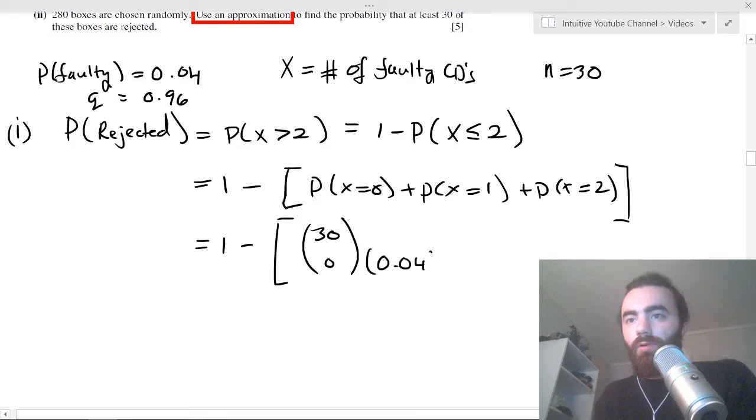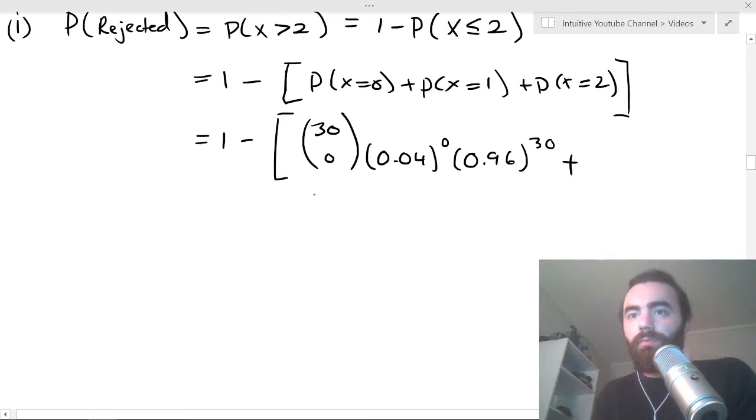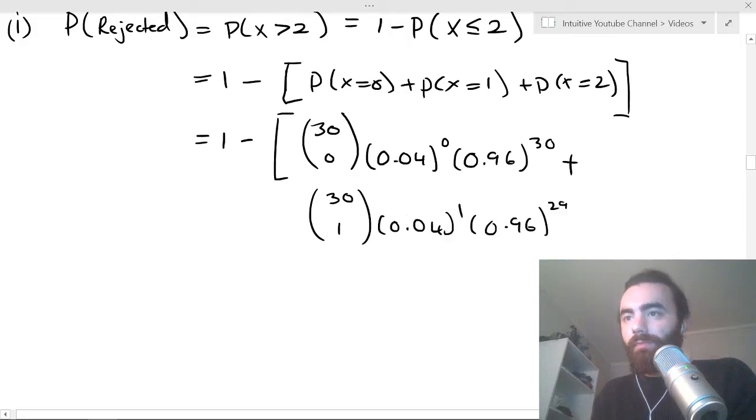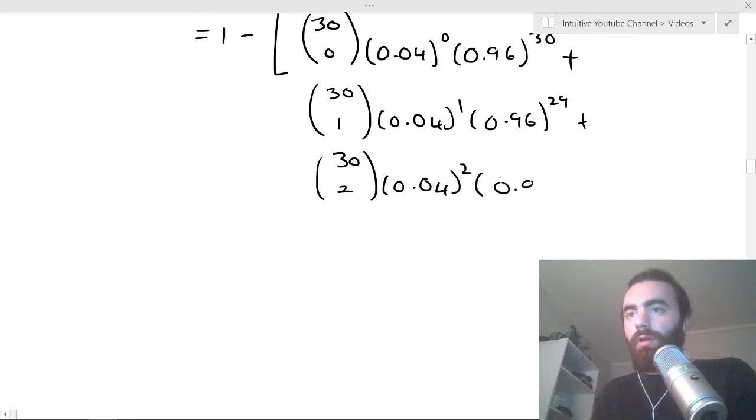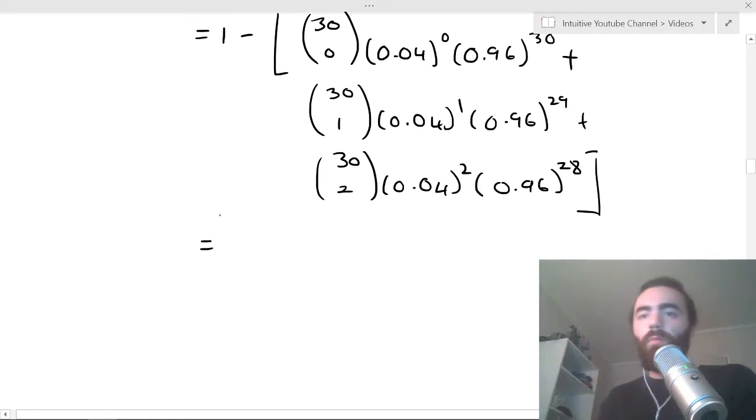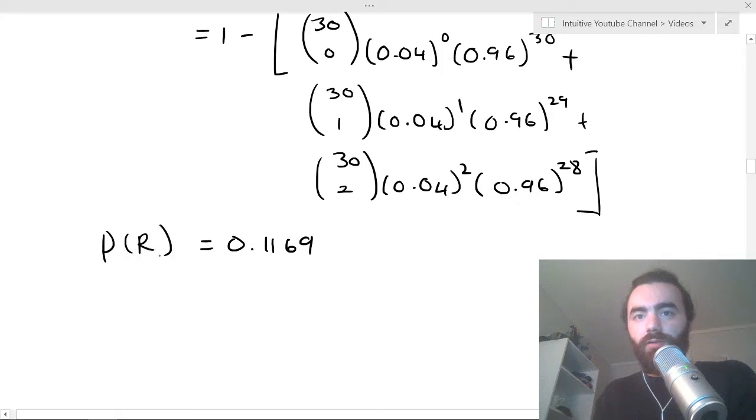So you get 0.04 to the power of 0 times 0.96 to the power of 30, plus 30 choose 1 times 0.04 and so on, you just plug all these in, plus for 2, we get 30 choose 2 times 0.04 squared times 0.96 to the 28. I did this before, and this equals 0.1169. So that's the probability that a box is rejected. We'll call it PR.